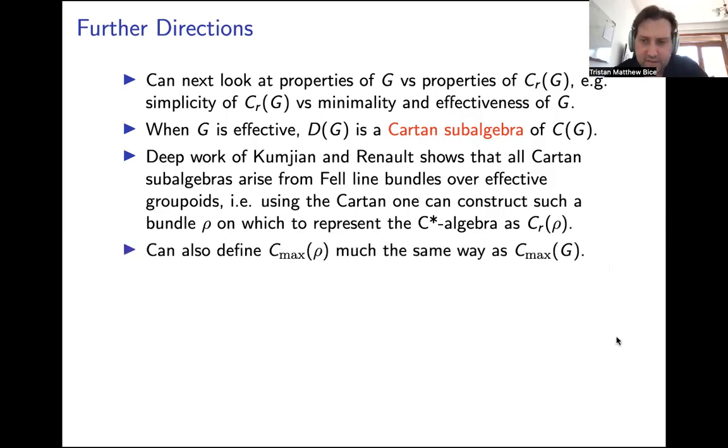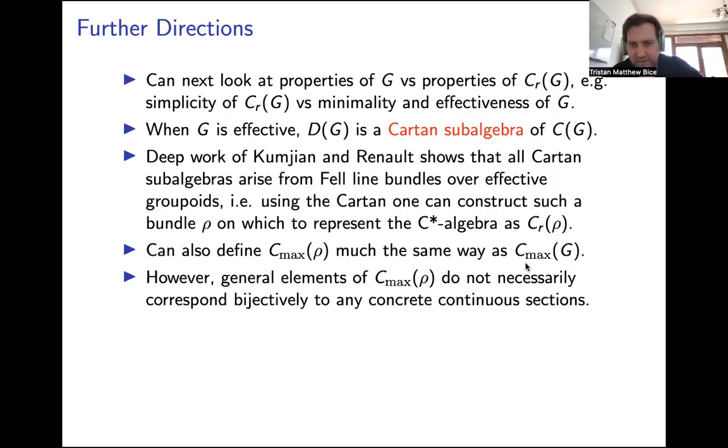I should point out, as I think I did when I introduced the reduced groupoid C-star algebra, that there is this other well-known maximal completion of C_c(G), or C_c(ρ) in this case. So you can indeed define the maximal Fell bundle C-star algebra in almost exactly the same way as the maximal groupoid C-star algebra. You're just dealing with sections rather than functions.